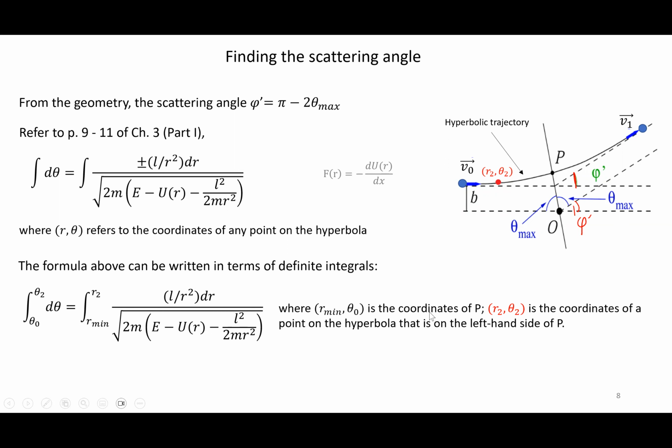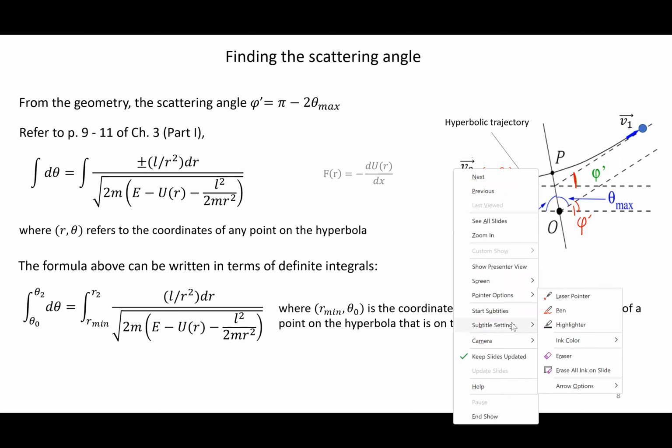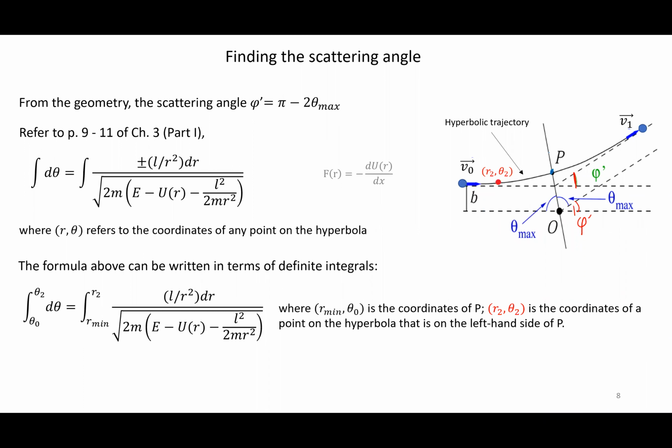So r min, theta naught is actually the coordinate of P. Remember, the reason why I call this r min is because this is the point of minimum distance between P and O. So this distance is r min. And for the upper limit, I pick this r2 and theta 2. That is the coordinate of a point over here.